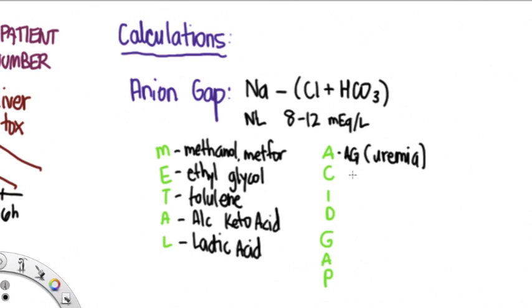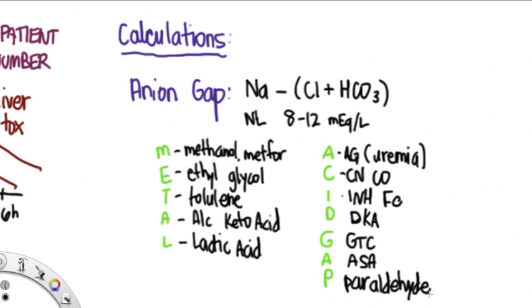C is cyanide or carbon monoxide, I is isoniazid or iron, D is diabetic ketoacidosis, G is a generalized tonic-clonic seizure or any toxin that can cause seizures, A is aspirin, and P is paraldehyde. So this is obviously a much larger and harder to remember mnemonic.